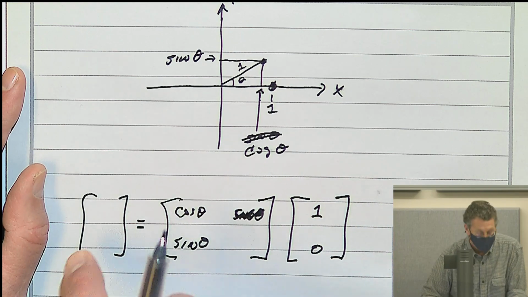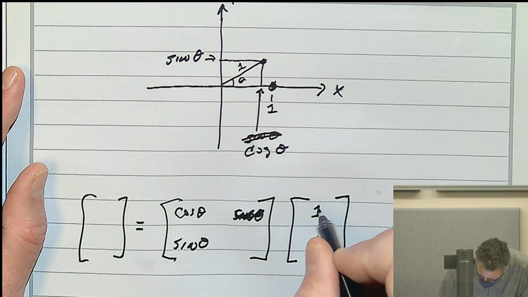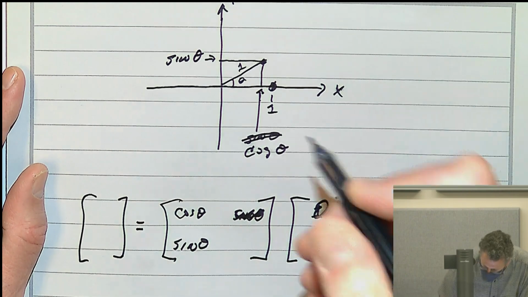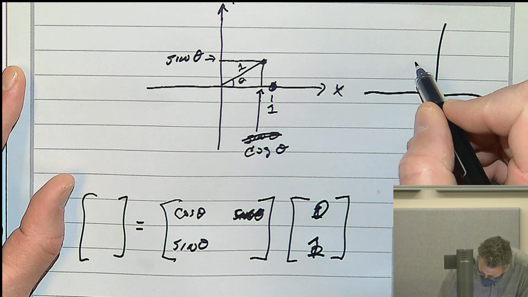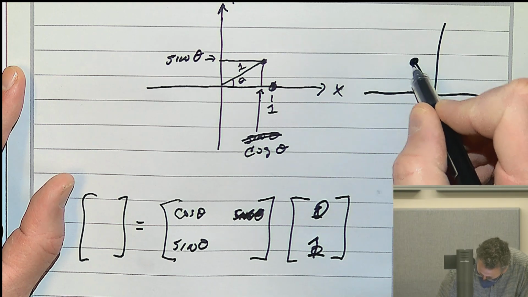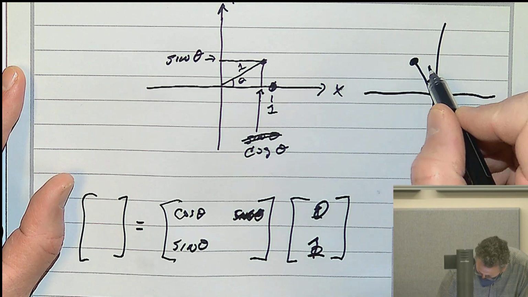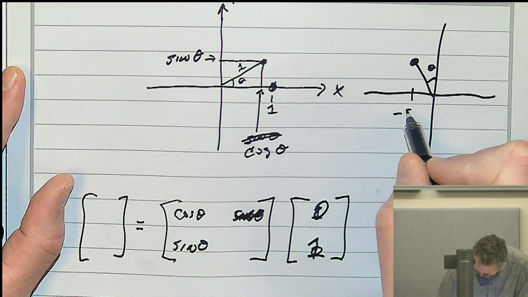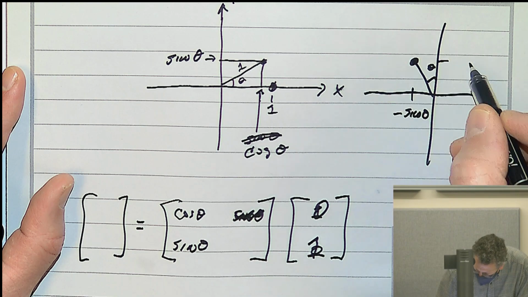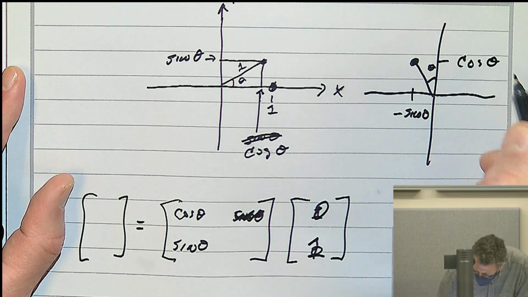Does that make sense? Then if I switch my logic and put it like this, I can draw a second diagram for that. That's theta, and this will be minus sine theta, and that will be cosine theta.